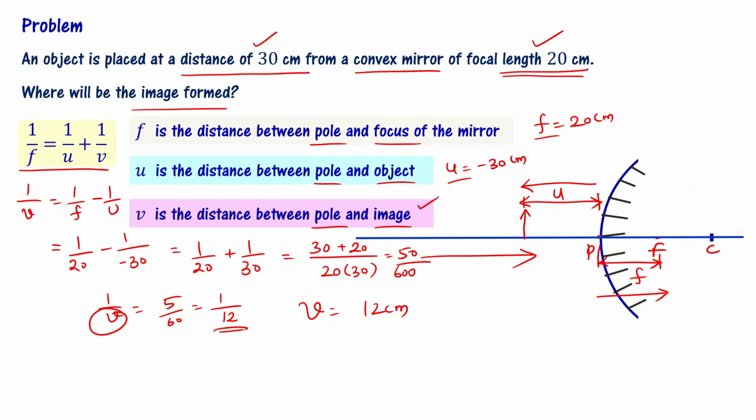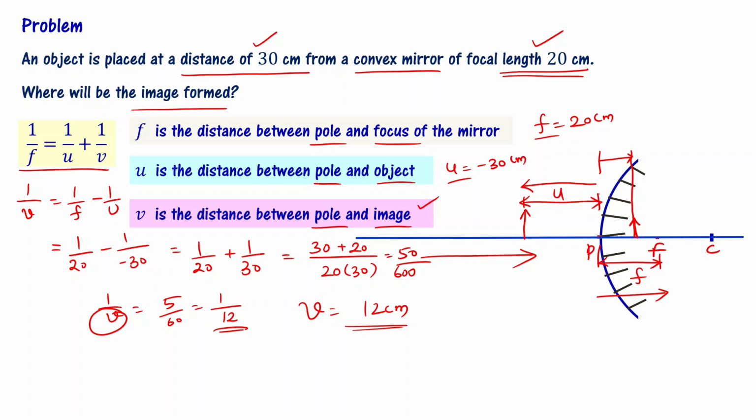Here, v equal to 12 centimeters. What does that mean? We are going to start from the pole and measure 12 centimeters and place the image here. Understood? The image is going to be between P and F. We know that for a convex mirror the image is always on the back side of the mirror, right?